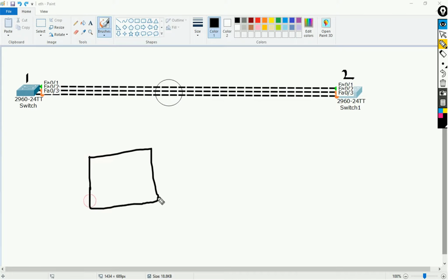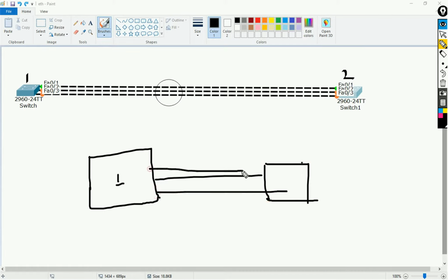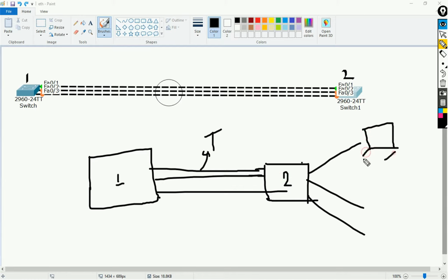Okay, so I think let's revise. The main problem that results in this solution, the main solution of EtherChannel, is due to the fact that, suppose this is a trunk link. This is switch 1 and this is switch 2. We have the end users over here, 3 hosts.